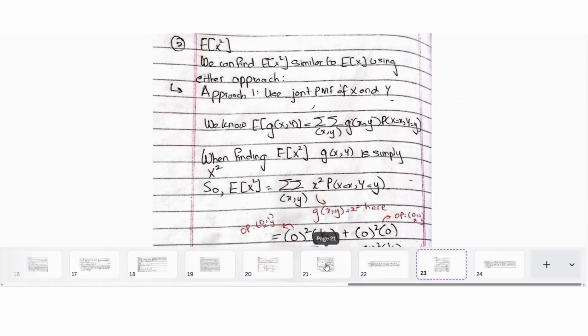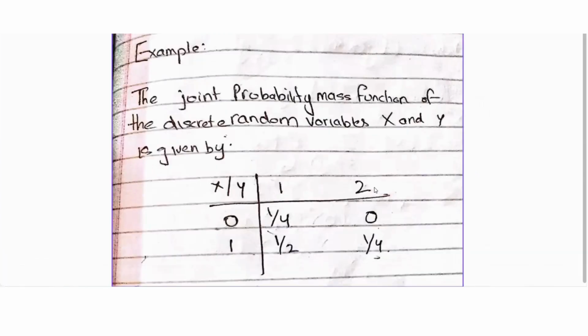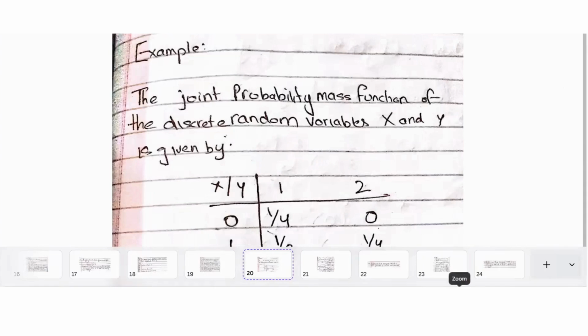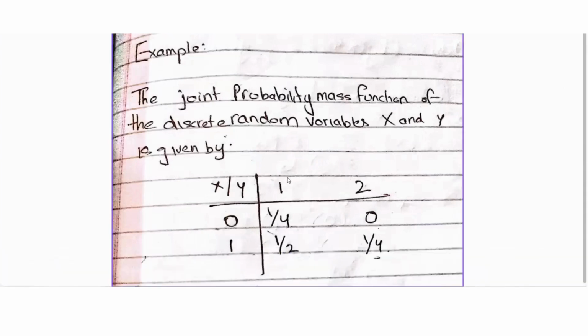Then we go to the next ordered pair, which is X is 0, Y is 2, and the probability of this ordered pair is 0. So we evaluate g(x,y), which is x squared for this ordered pair, and multiply with the probability 0. We move on to the next ordered pair, where X is 1, Y is 1, and the probability is 1 by 2.